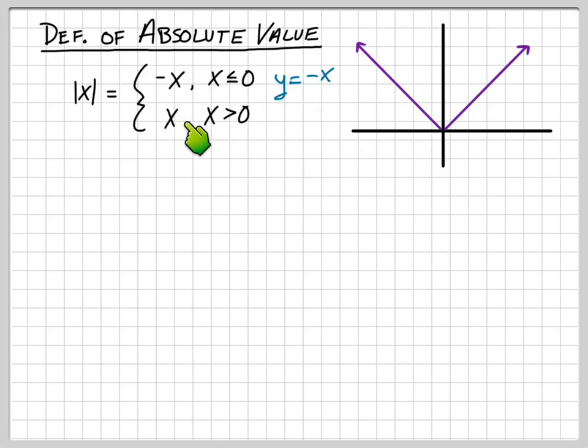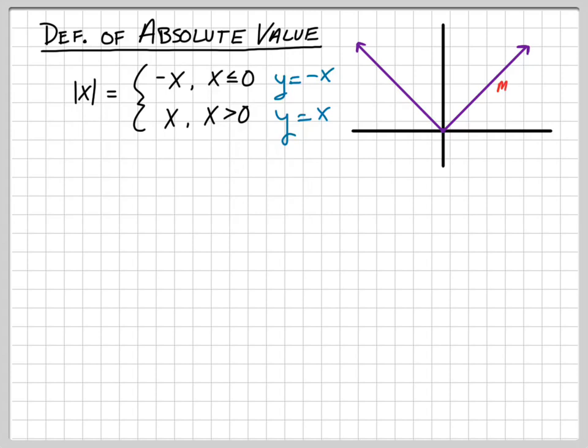And y equals x for the other one. Y equals x would be this guy. So it's actually just the composition of two lines. One's positive, one's negative. And if we're really specific about the domains, we only want the positive one when x is greater than 0, and we only want the negative one when x is less than or equal to 0.